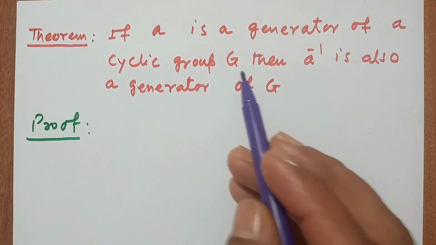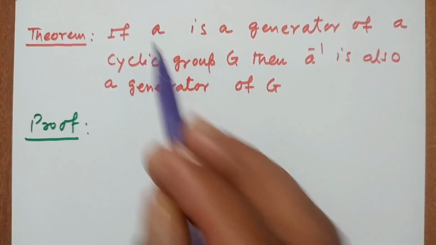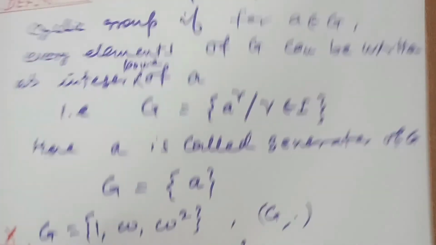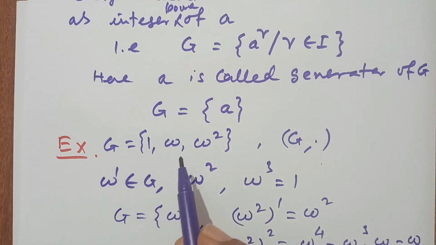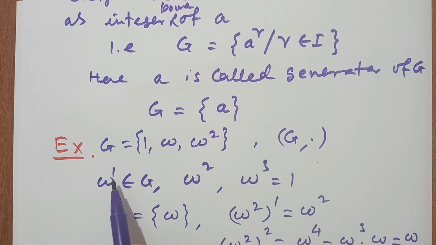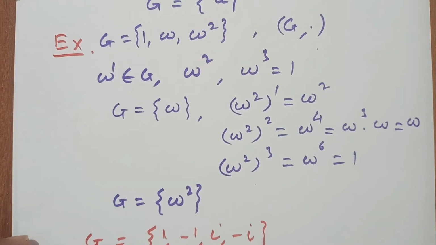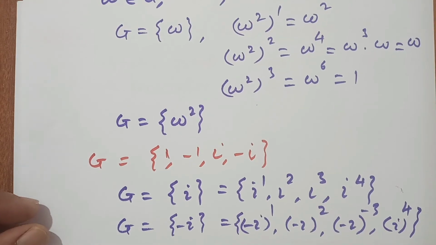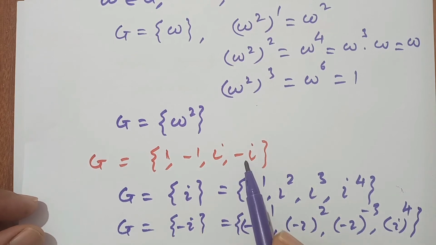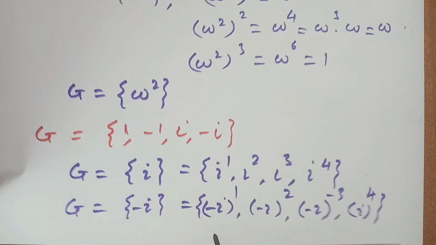If a is a generator of a cyclic group G, then the inverse of a is also a generator of G. As an example, here G equals {1, ω, ω²}, where ω is a generator of G, then its inverse, meaning ω², is also a generator of G. Similarly, in this group, if i belongs to G and i is a generator of G, then its inverse, minus i, is also a generator of G. So this is a very important property in a cyclic group.